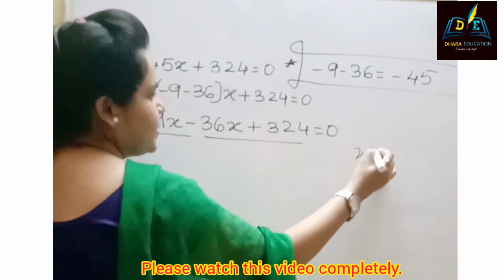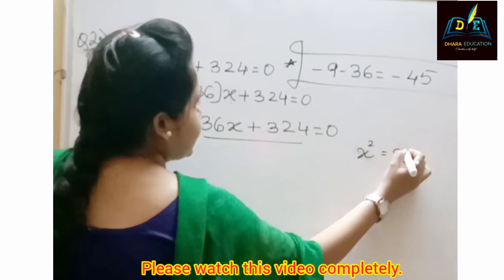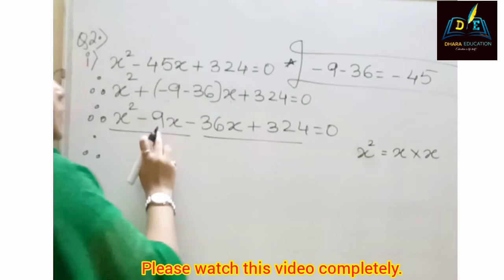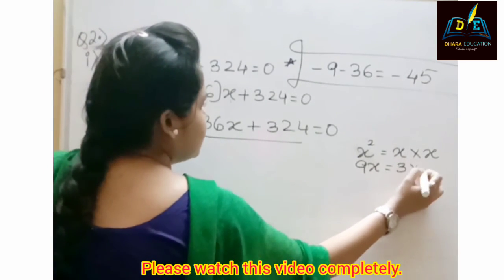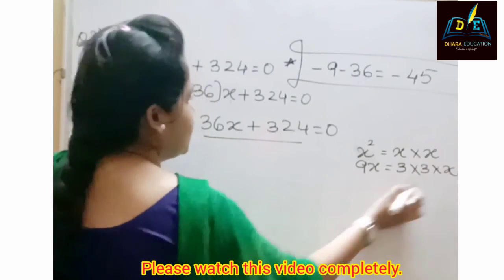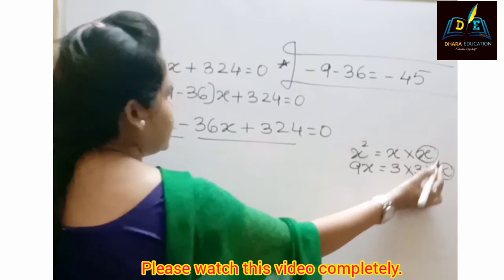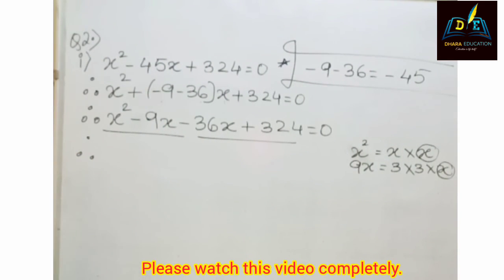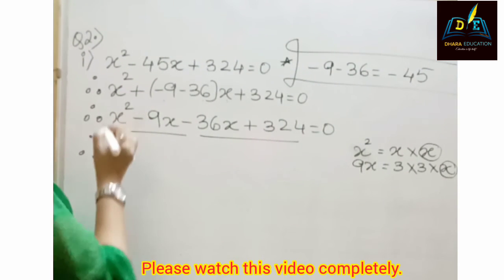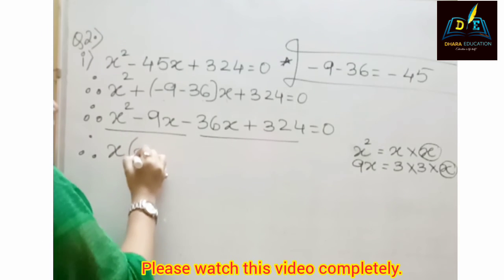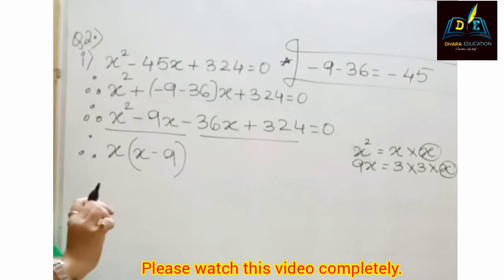So here you can see x square means x multiplied by x. Here 9x is there. 9x means 3 3s are 9 multiplied by x. So what is common over here is x, correct? So we have to take x as common. So as x is common, we will write it first, then x minus 9, because of the left part of the terms.